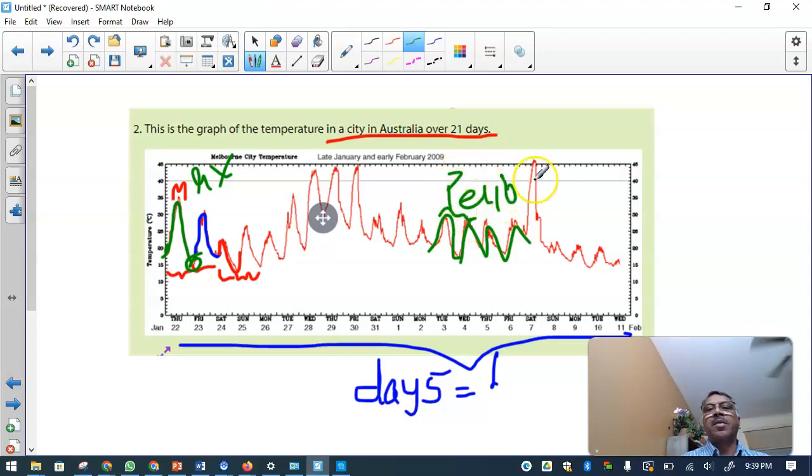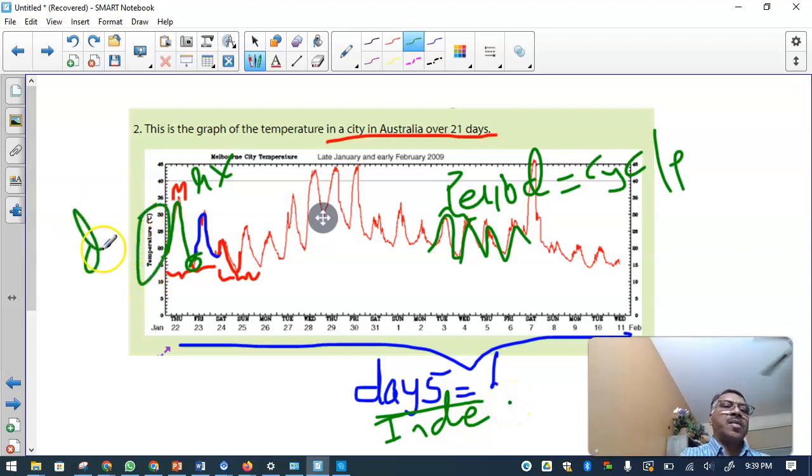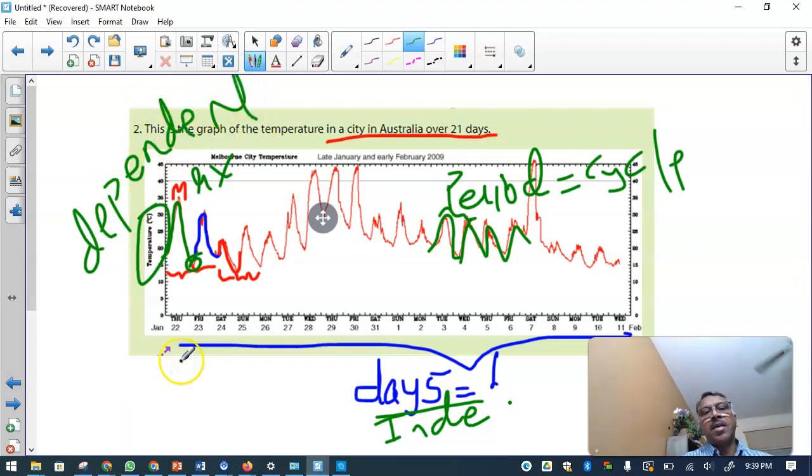The period is also called a cycle. So all you're supposed to write in this case is that the days are the independent variable, and the temperature is the dependent variable. As the days pass by, the temperature goes on changing. In each day, it goes up and down. That's all you're supposed to remember.